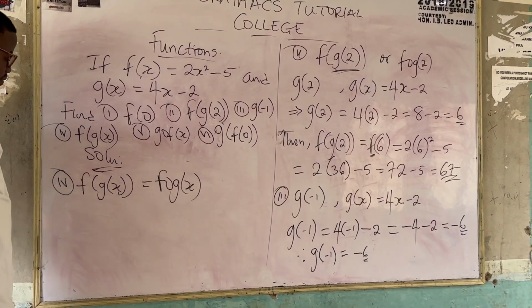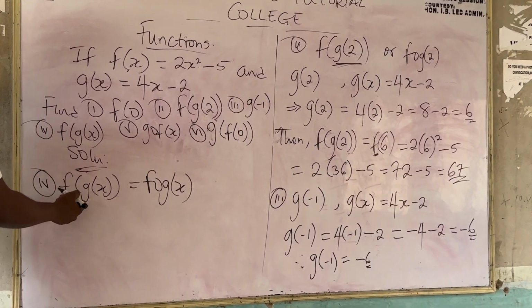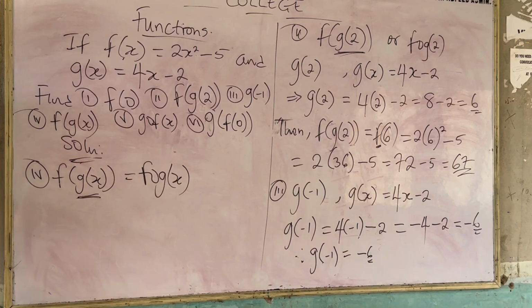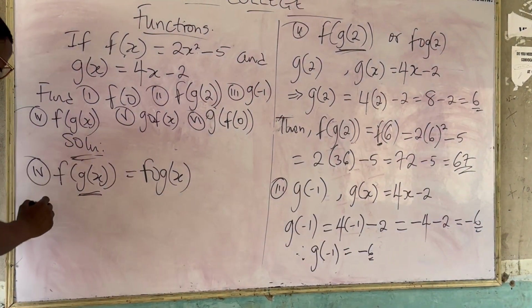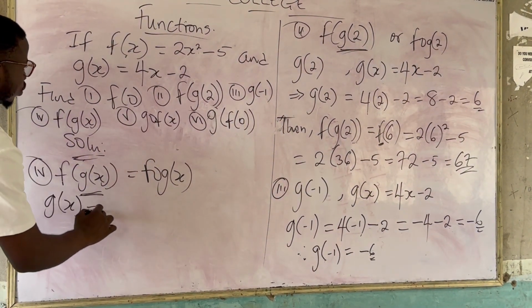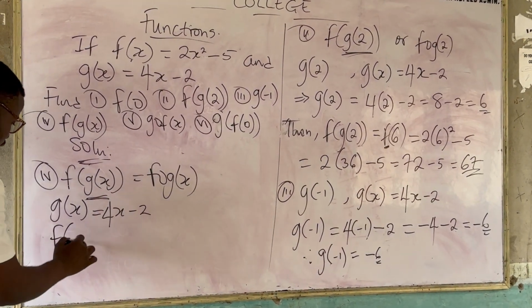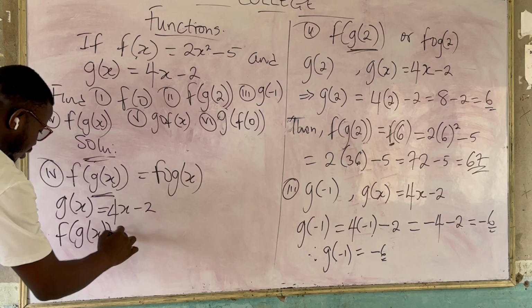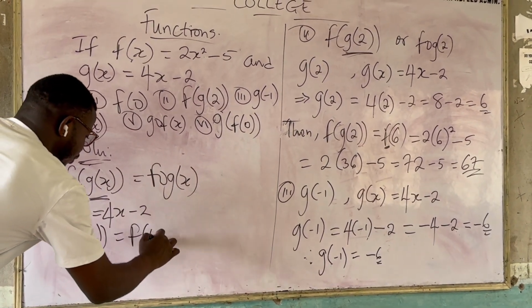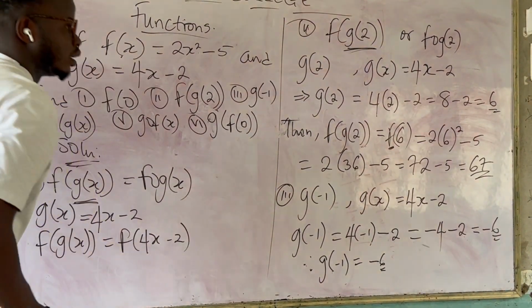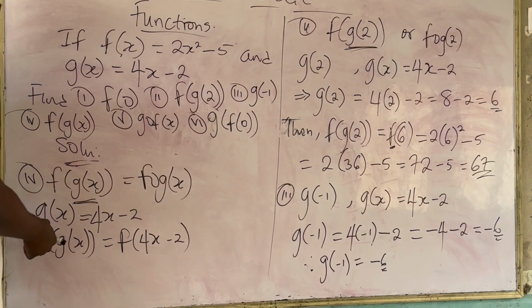So f is a function of g of x. The first thing that we have here, the one inside the brackets, is g of x. So we record that g of x is equal to 4x minus 2. So this implies that f of g of x is equal to f of 4x minus 2. The one inside the bracket is g of x.